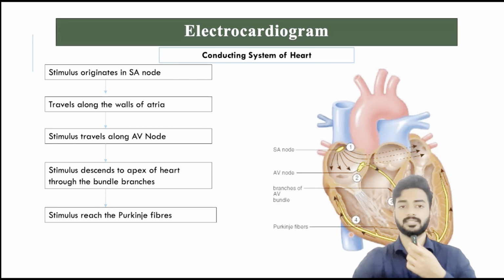As we discussed previously, it records the conducting system activity. So what is this conducting system? We have seen this in school: from the SA node, the conducting system sends impulses which are carried along the wall of the atria to the AV node, and from the AV node it goes to the bundle branches and through the Purkinje fibers.